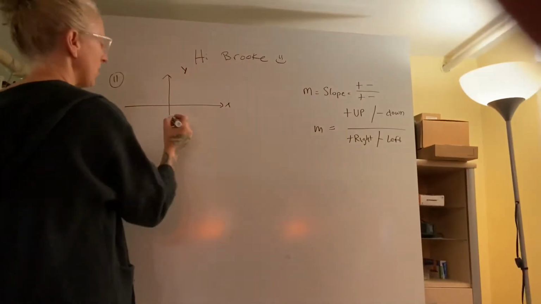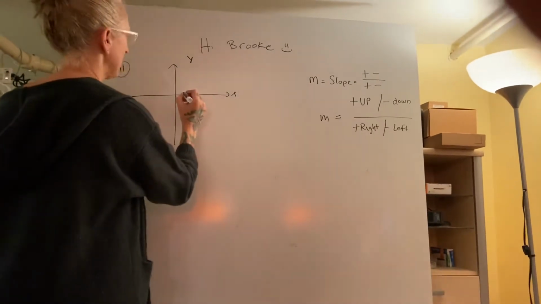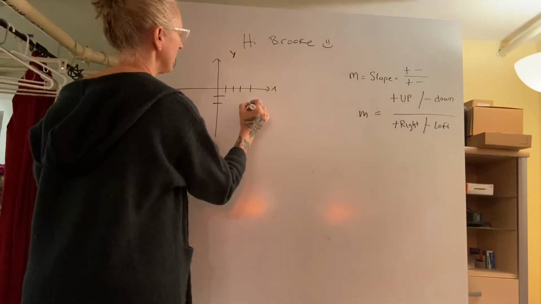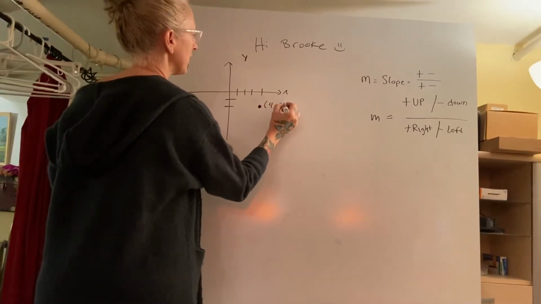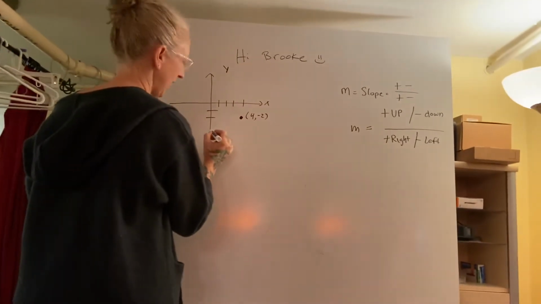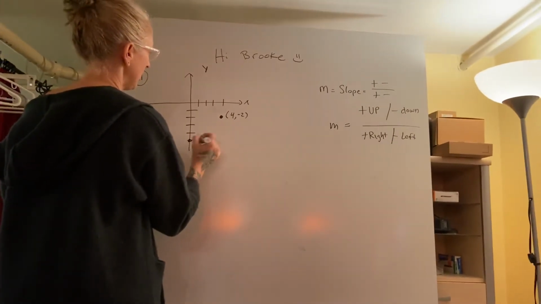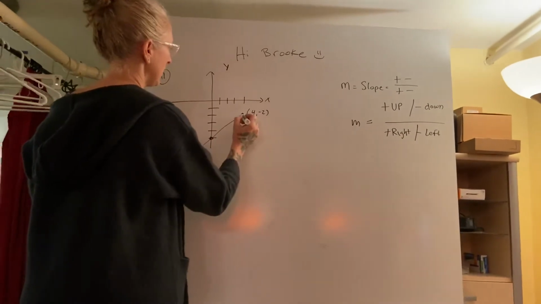Here's x, here's y. You have a point here at 4, -2, and you have another point at 3, 4, 5. And then your line is connecting through these two.